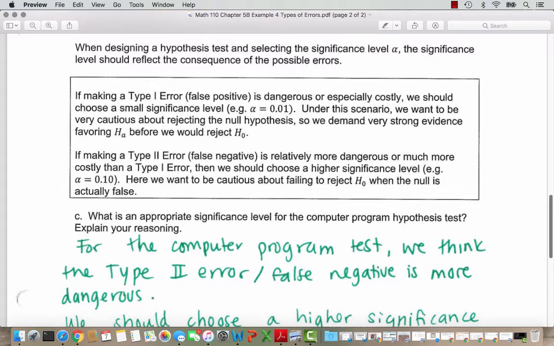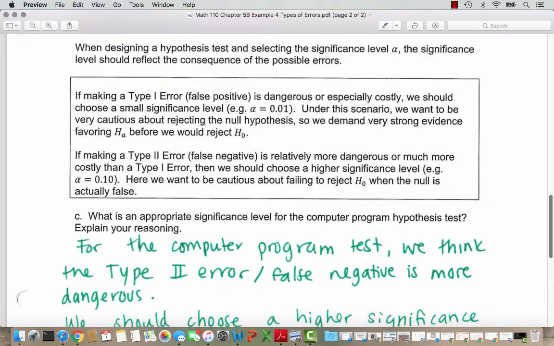We should choose a small significance level, something like 1%. So we'd say alpha, our significance level, equals 0.01. Under this scenario, we want to be very cautious about rejecting the null hypothesis. So we demand very strong evidence favoring the alternative hypothesis before we reject the null hypothesis.